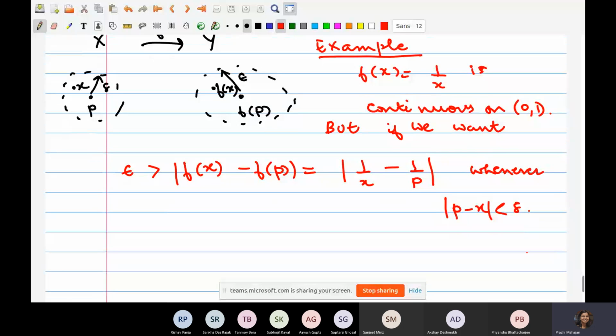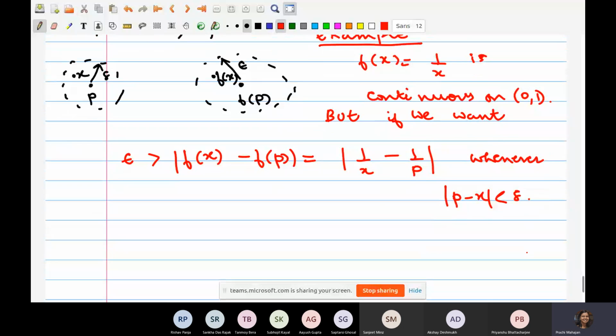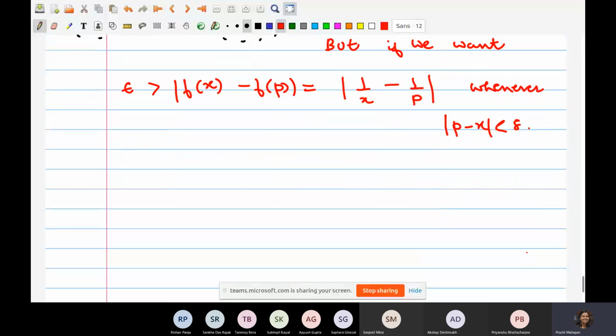Now, this was an example of a function which is not uniformly continuous. I'll give you an example of a function which is uniformly continuous, so that will sort of clarify things. So let's look at f, again defined on the open interval 0, 1 into R. Let me define f to be 2x, something very simple.